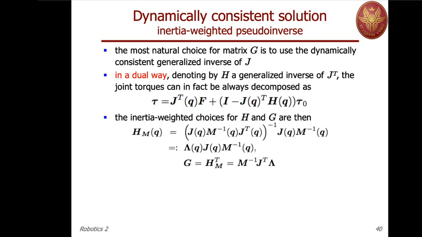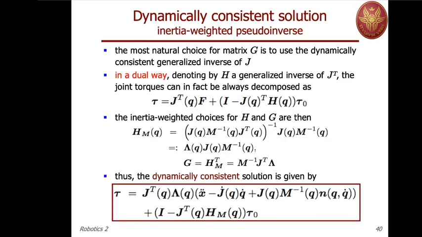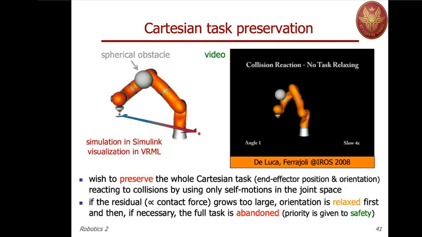If you replace this particular solution into the general form, you have the dynamically consistent solution, which has the characteristic of having a leading J transpose in front of the main term. So this is what we have simulated in the first place to understand if we could organize a level of threshold in order to preserve as much as possible the original Cartesian task.